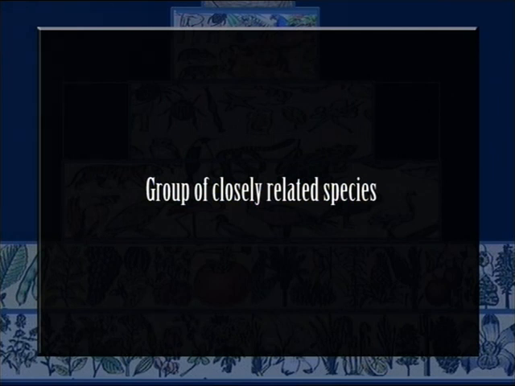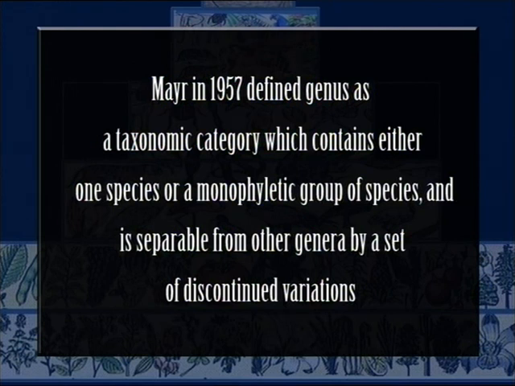The word genus is a component of the name of an organism in binomial system of nomenclature. Mayr in 1957 defined genus as a taxonomic category which contains either one species or a monophyletic group of species and is separable from other genera by a set of discontinuous variations.